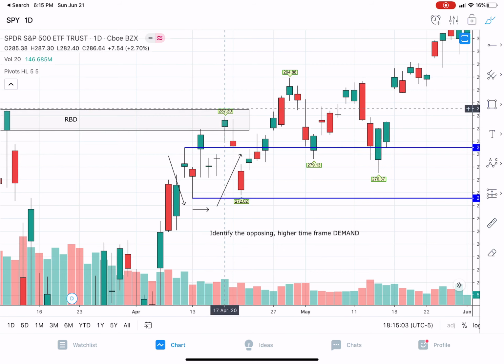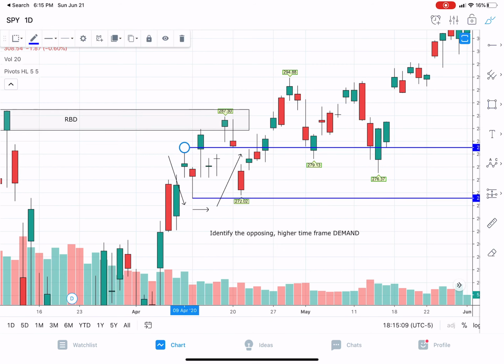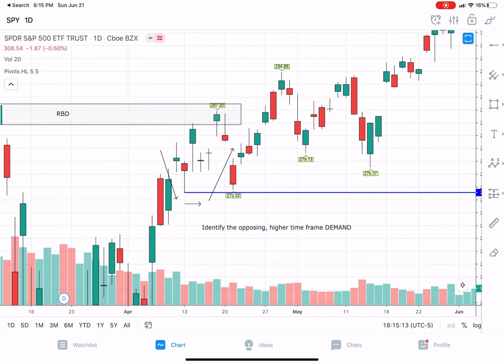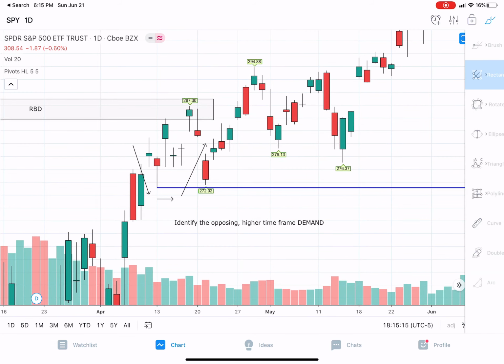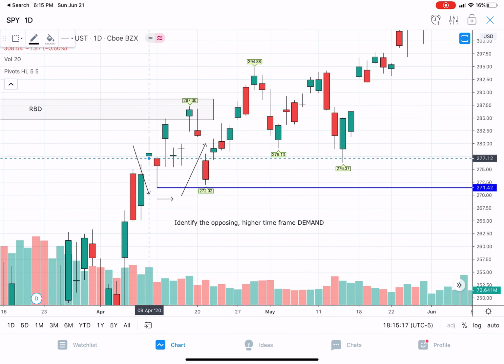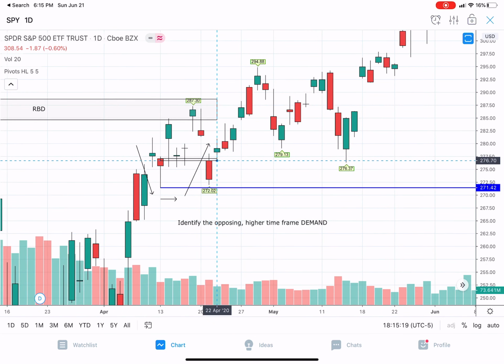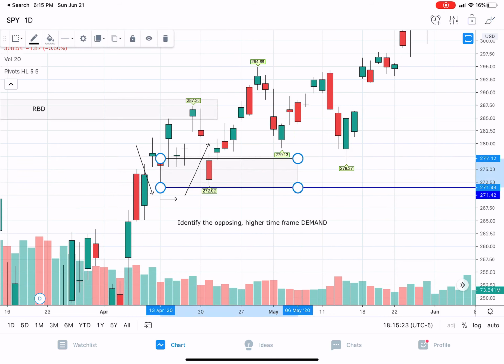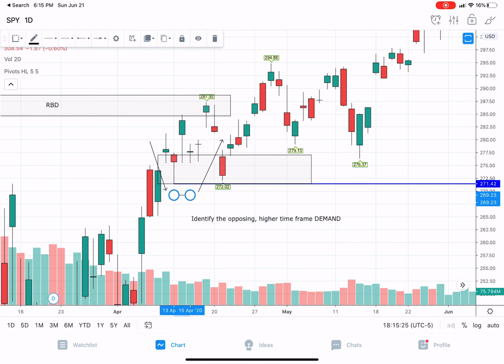So you can see it's making new highs. So really the origin of this move right here was in this basing candle in this area over here, and on this drop base rally. So valid demand.